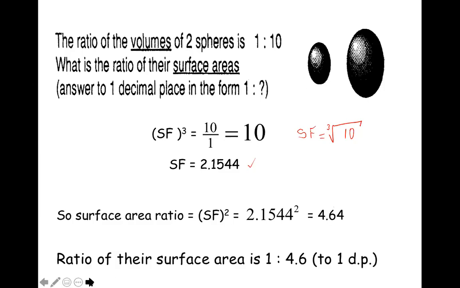That's basically what it is. So the ratio of the surface area, because they've asked us to write it in this form here, is just 1 to 4.6 to 1 decimal place, because that's what they've asked us to do here. Give your answer to 1 decimal place.